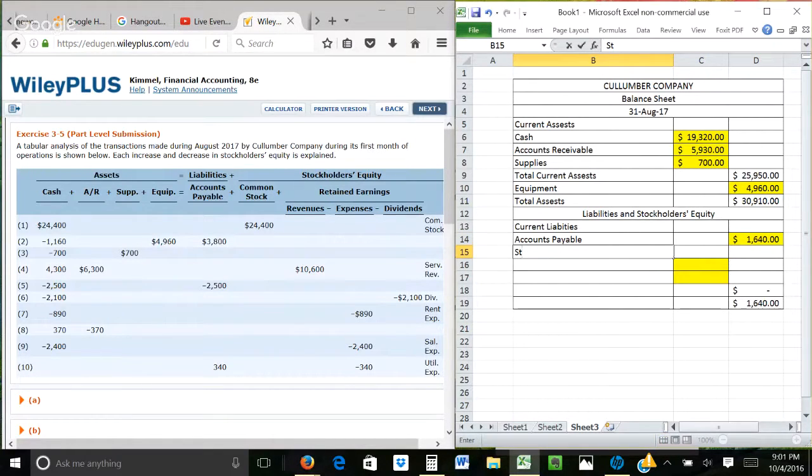Pretty straightforward. So the next part of the equation is stockholders' equity. And we know that that's going to be common stock. And that is also going to be retained earnings. And for the common stock, one-time issue so far of $24,400.